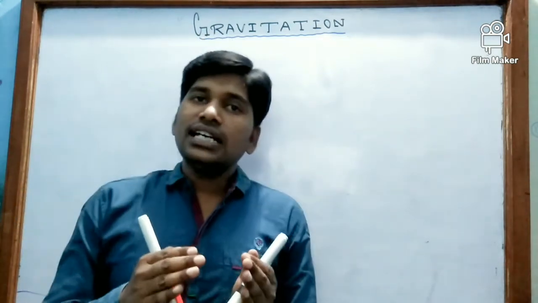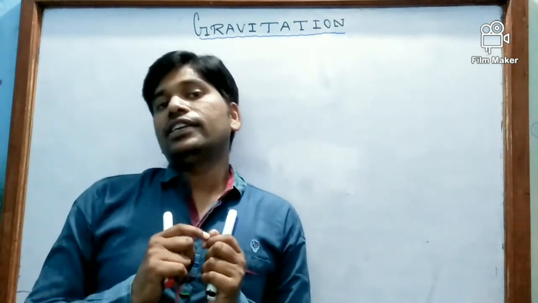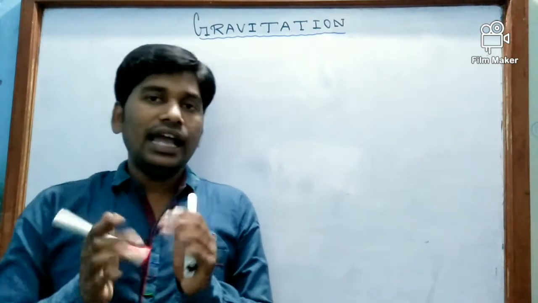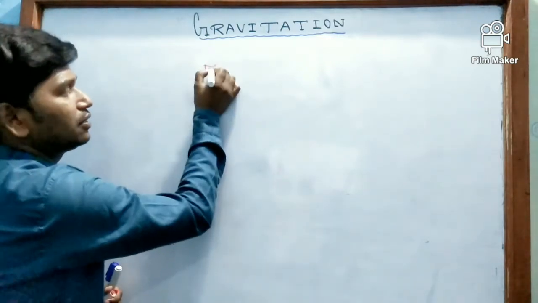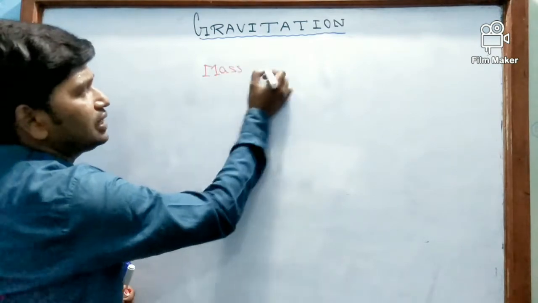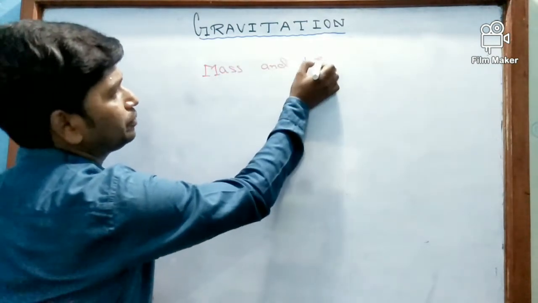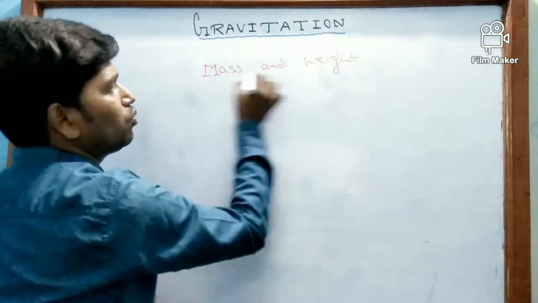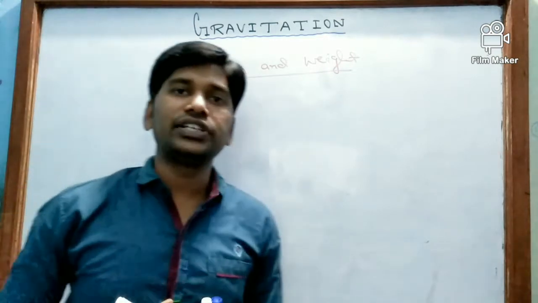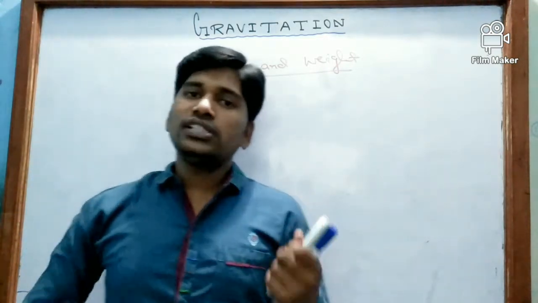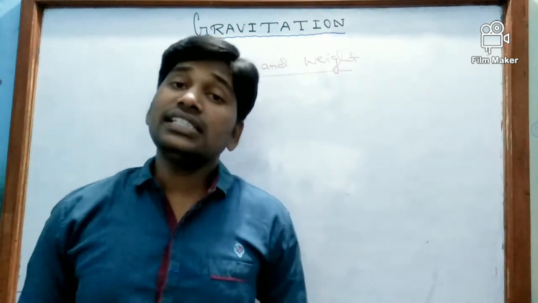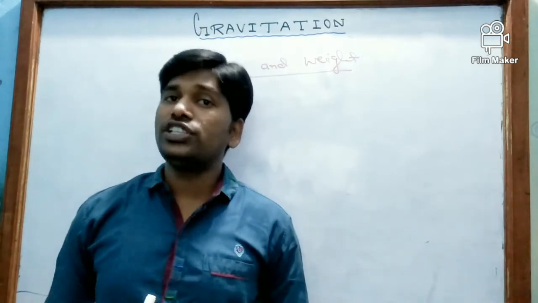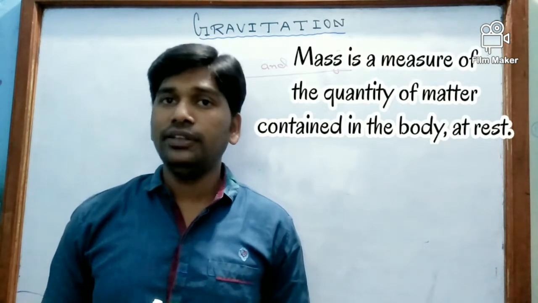As I said, mass is the amount of matter contained in a body, and let us differentiate between mass and weight. What is the difference between mass and weight? Mass is a measure of the quantity of matter contained in the body.